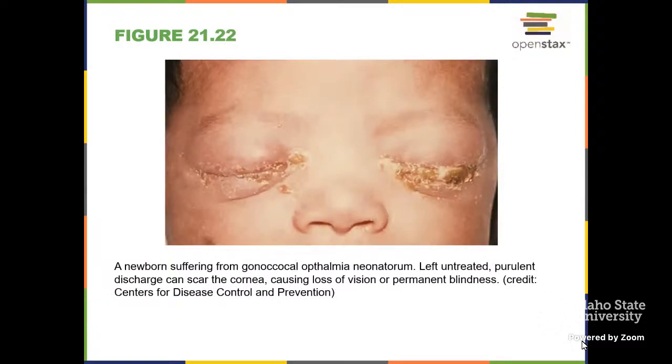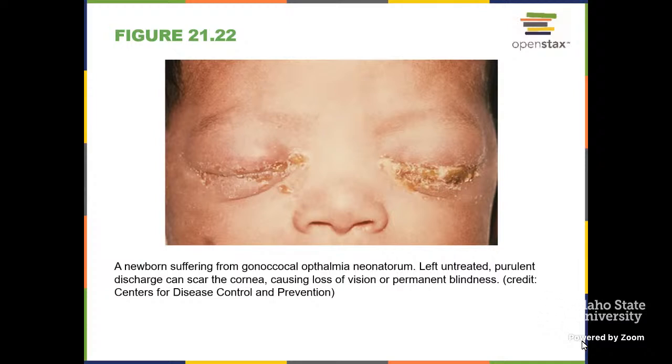This image, this eye's sealed shut as well, but this is different. This is gonococcal ophthalmia neonatorum. Basically, the child was infected with gonorrhea in transit through the birth canal, and it causes these issues. If not dealt with, it results in blindness.